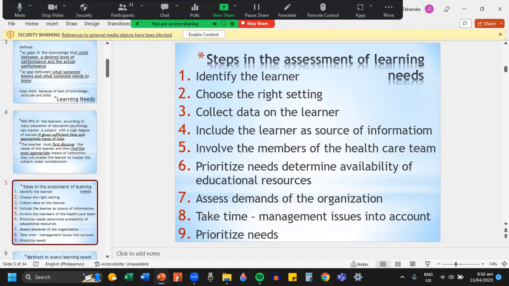Okay, so there are some questions that one healthcare team member may answer that others cannot. So we each have our own specialty when it comes to taking care of our patient.